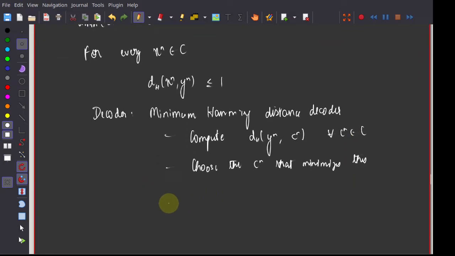So in other words, your estimate is basically the minimum over code words of the Hamming distance. That is one way of defining the decoder.